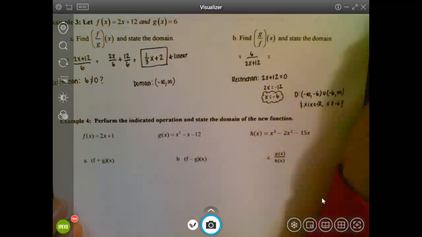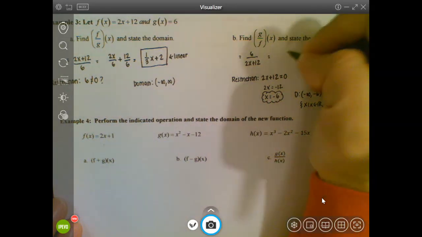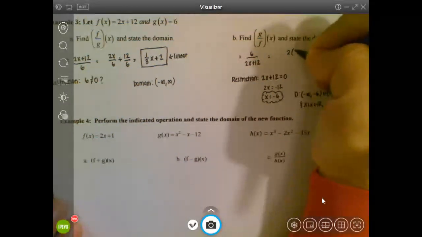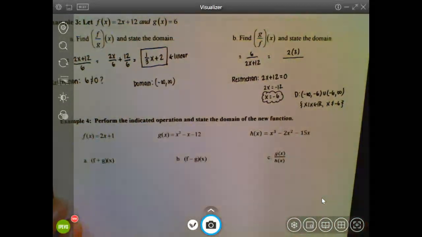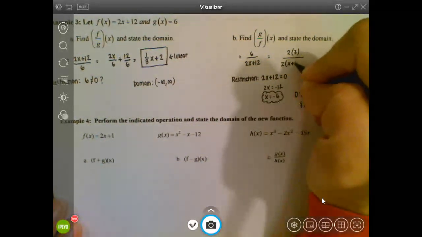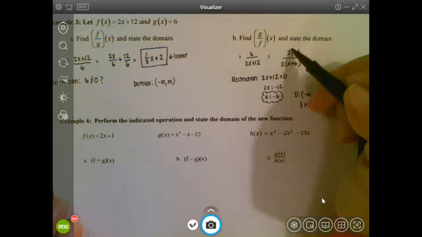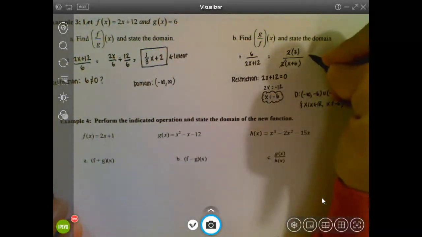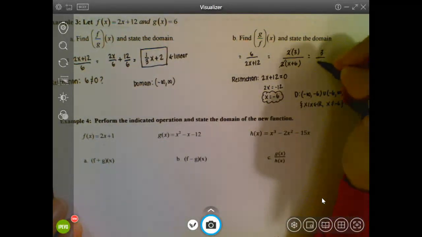We can actually still simplify this. If we take out a common factor of 2, so if I rewrite the numerator as 2 times 3 and I factor out a 2 in the denominator, you'll notice that there's a common factor of 2 that can cancel out. So we're just left with a 3 over an x plus 6.